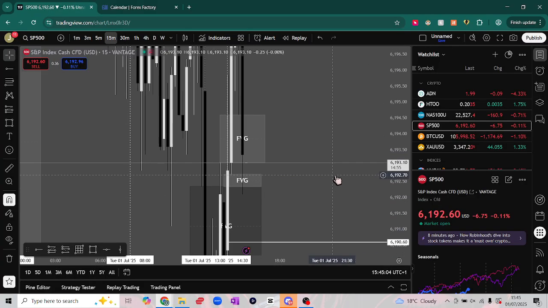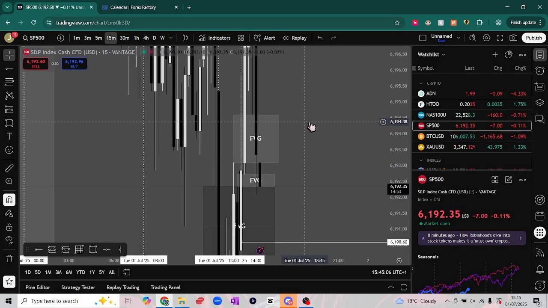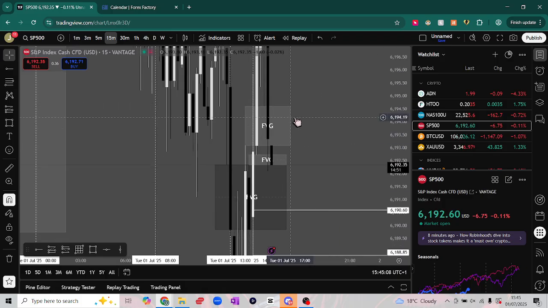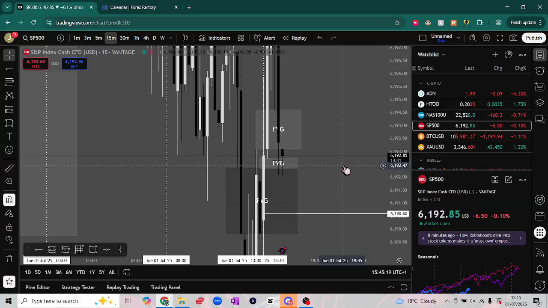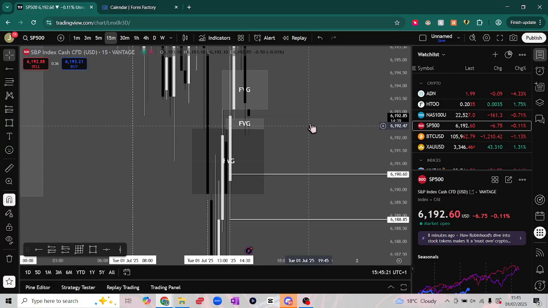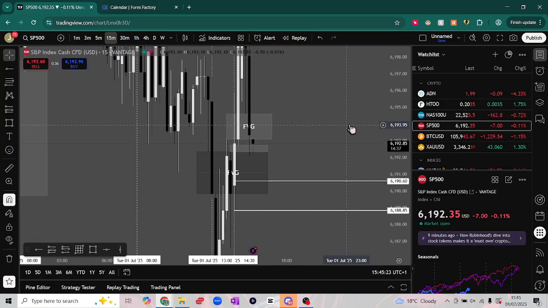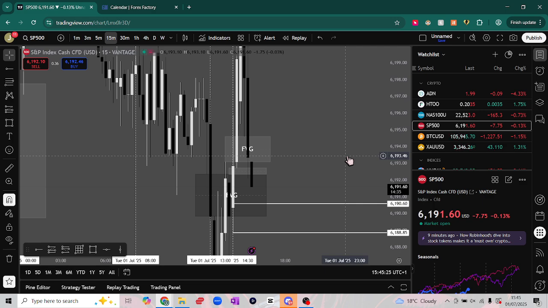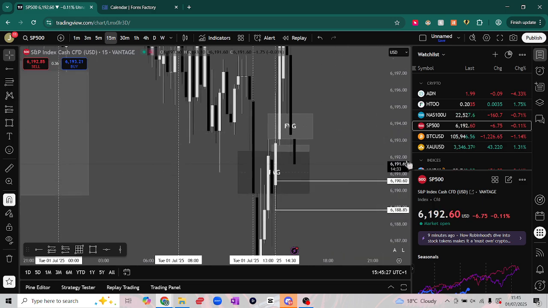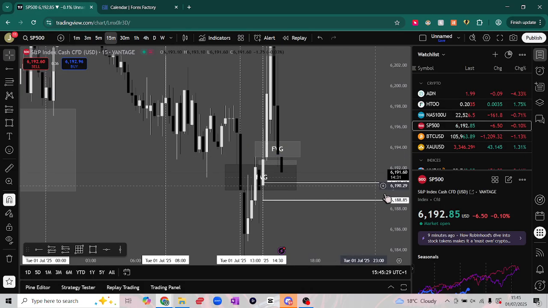Then I got logged out, I logged back in, and it had transferred me to my phone settings, because I have the chart on the TradingView app on my phone. It was a bit annoying, but it is what it is, I suppose. So I kind of lost all that.